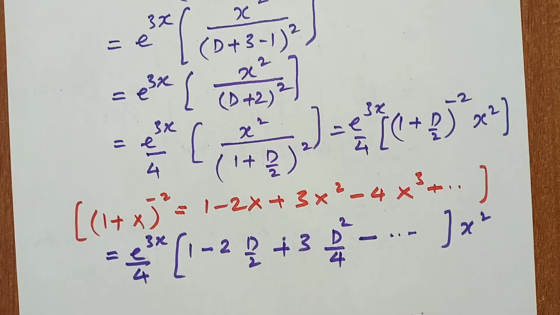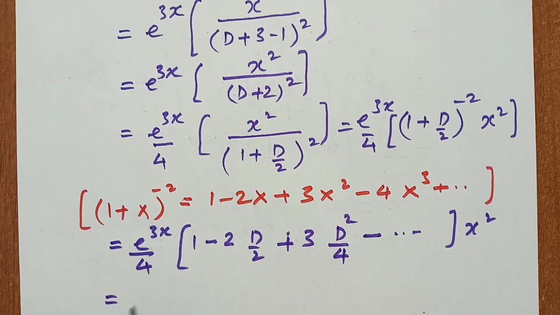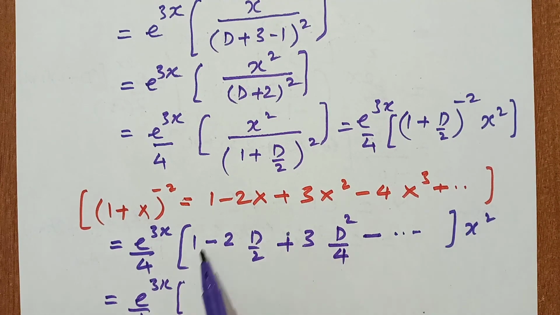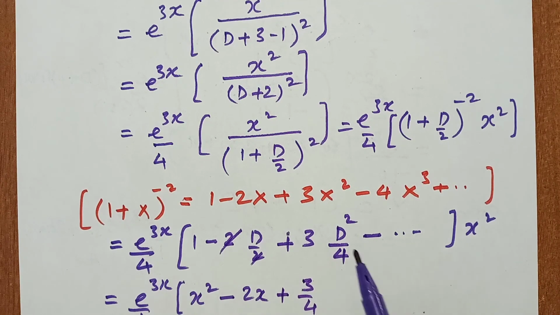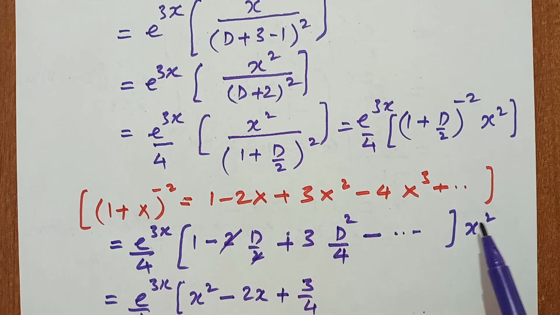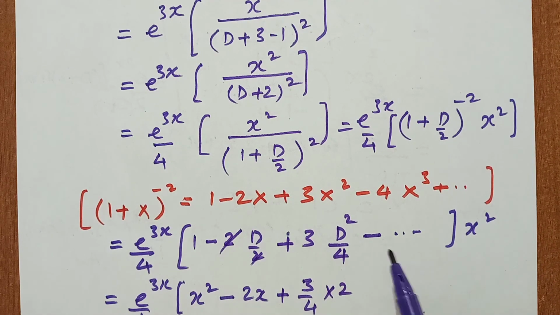So this equals (e^(3x)/4)[x² - D(x²) + (3/4) D²(x²)], where D(x²) is 2x and D²(x²) is differentiating twice, first 2x and again 2. The remaining terms are 0.